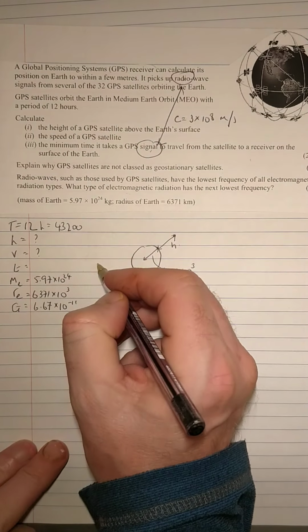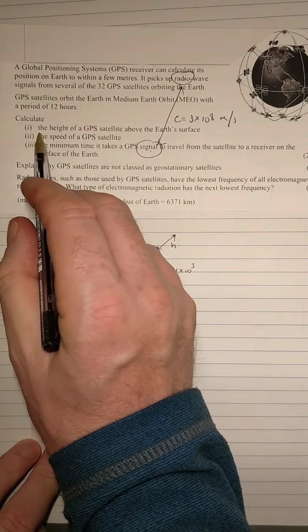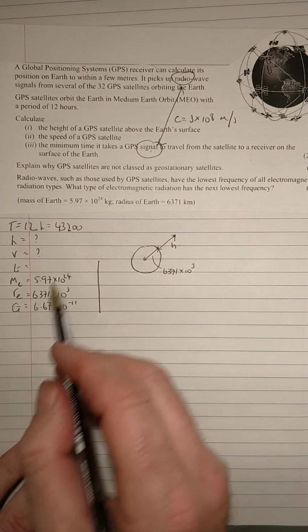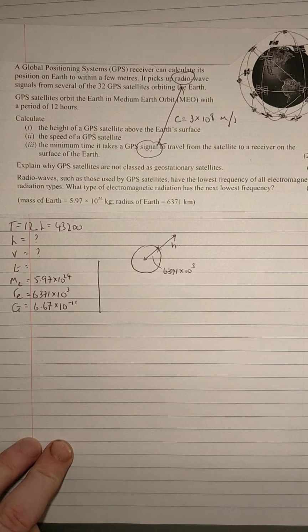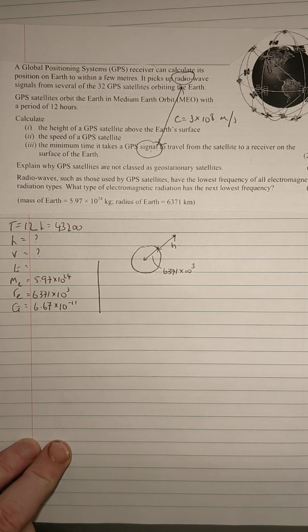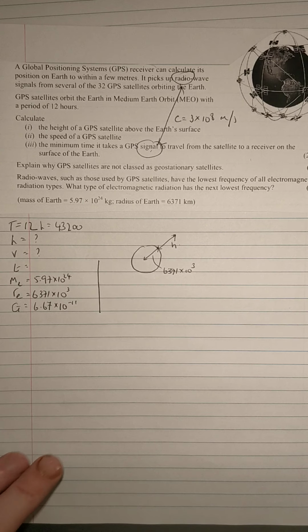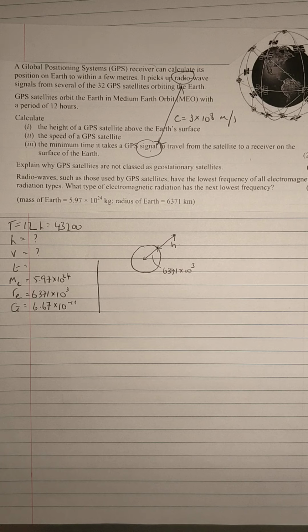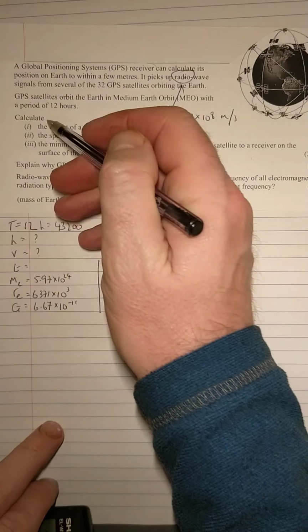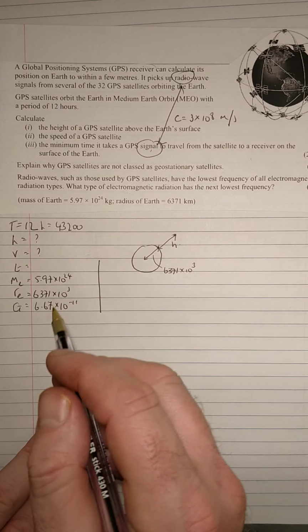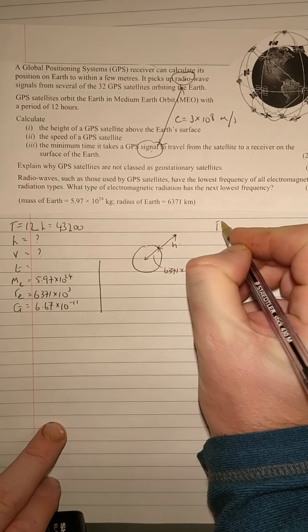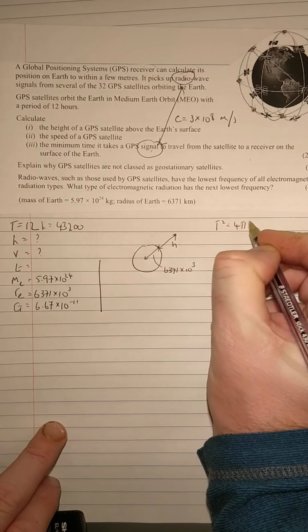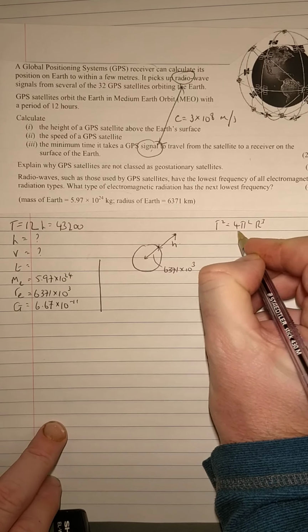So you've made your list, and you're now asked for the height of the GPS satellite above the Earth's surface. So you have to go looking and decide what formula you're going to use there. In this case, the earlier part of the question had asked you to derive the periodic time, so in fairness, you had a hint in that you had this formula.